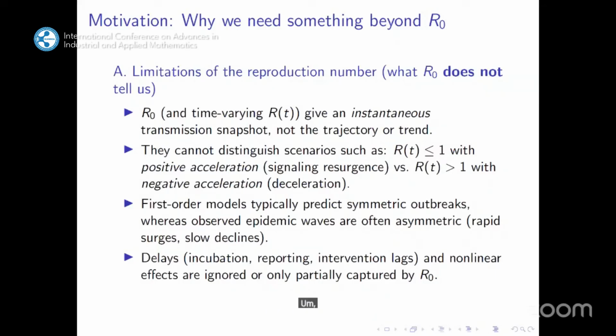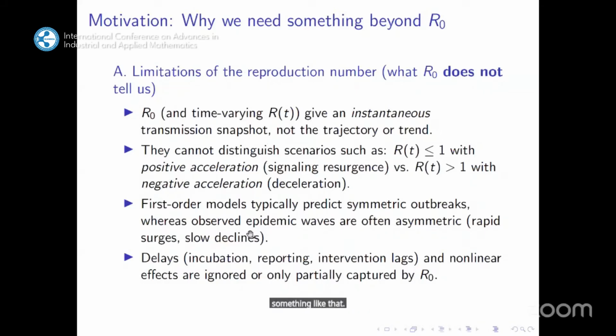It quantifies the present velocity of an outbreak, but provides no information on its acceleration or trajectory curvature. So it cannot distinguish between epidemiologically divergent scenarios.